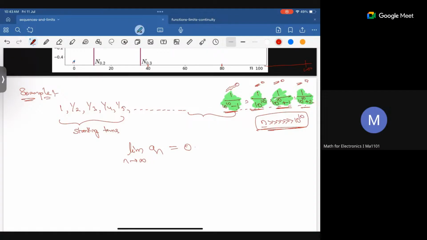Therefore that 0 is called the limit of the sequence, and this sequence has a limit. Therefore, this sequence is called a convergent sequence. If there exists a limit to a sequence, then that sequence is called a convergent sequence. Is this clear now?